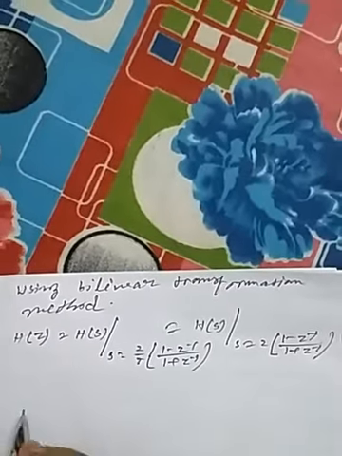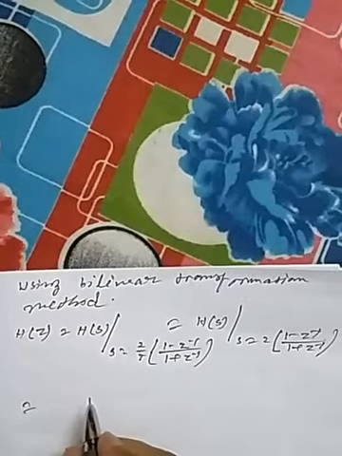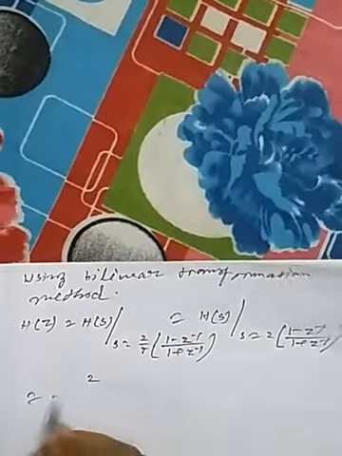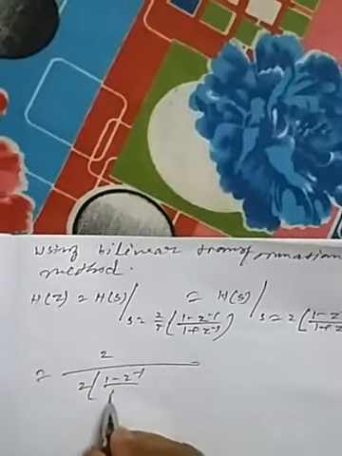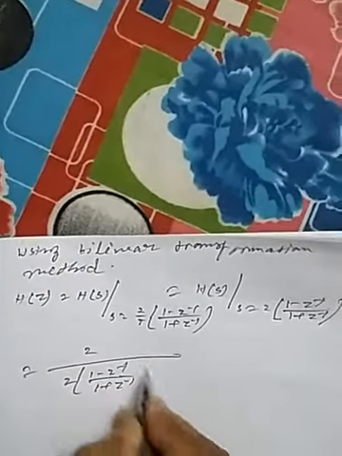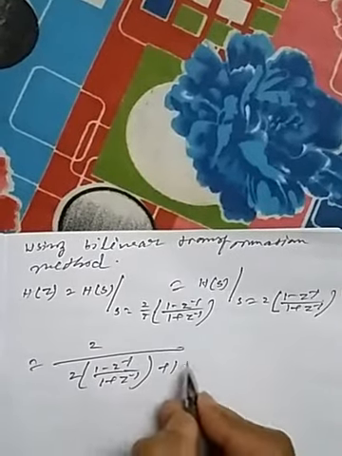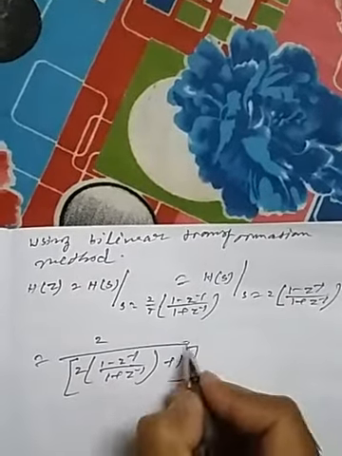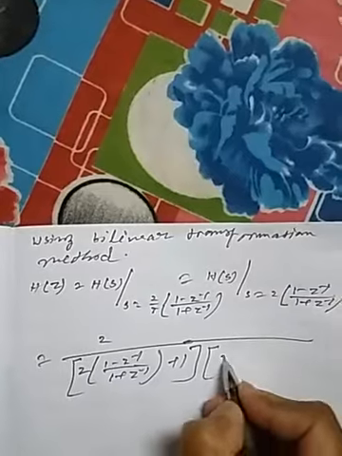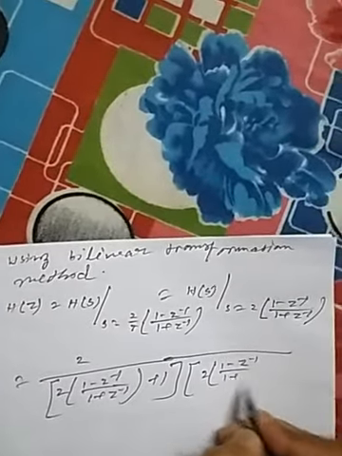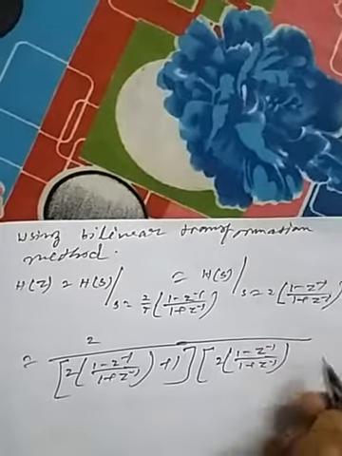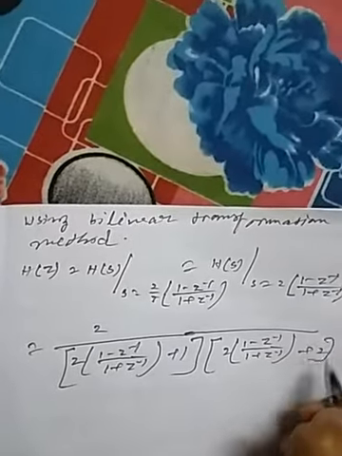Just put it. So 2 divided by 2 into 1 minus z inverse by 1 plus z inverse plus 1, into 2 into 1 minus z inverse by 1 plus z inverse plus 2.